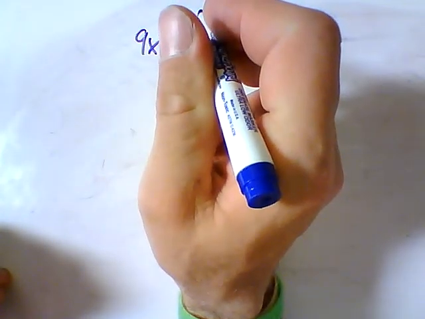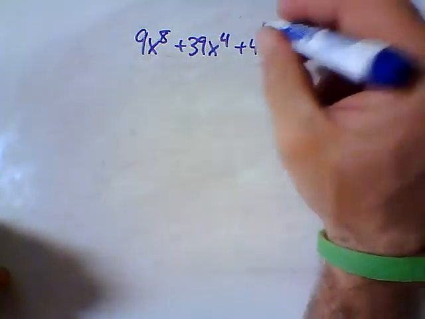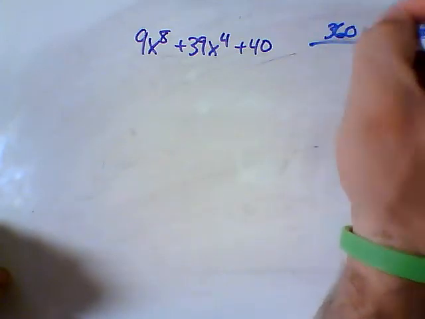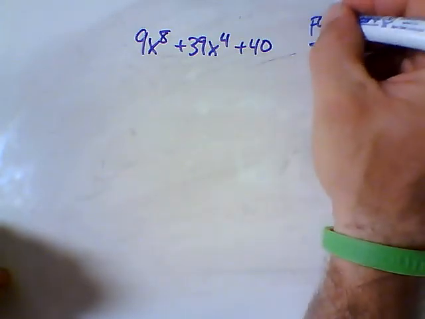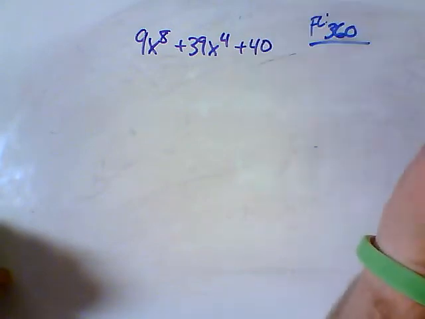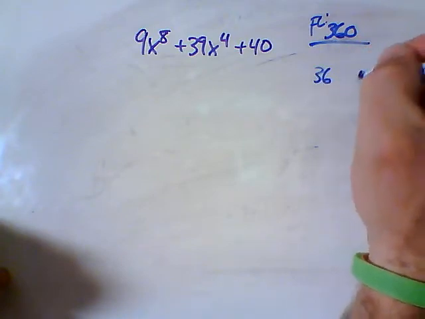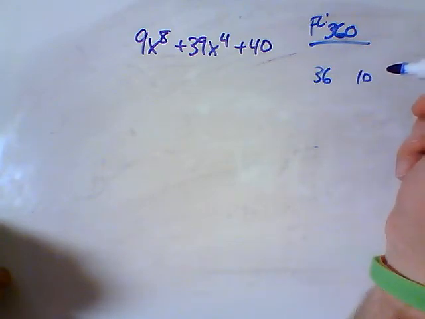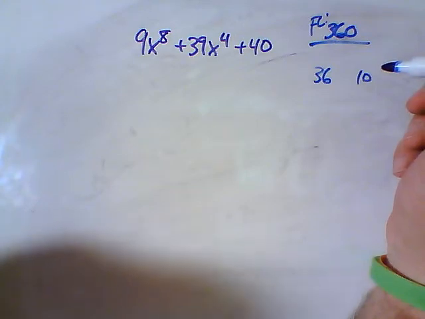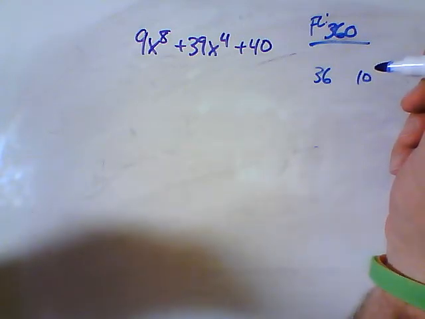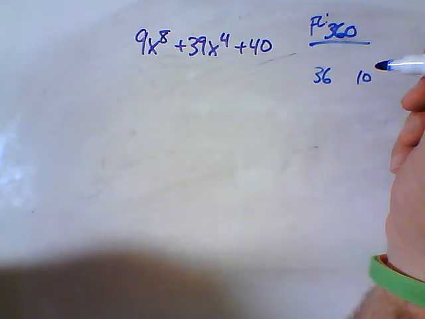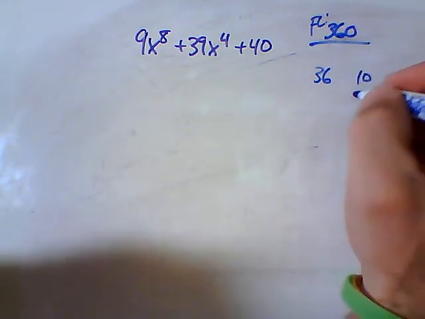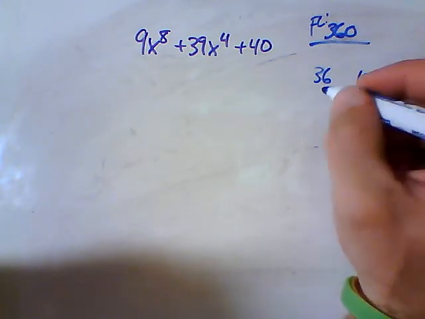So let's go slide divide. It's fun. First times last is 9 times 40. 9 times 40 is 360. Factor list. They have to add up to 39. 36 and 10 doesn't do it, because that adds up to 46, which means they have to be closer together. 12 goes into it. 12 times 30.